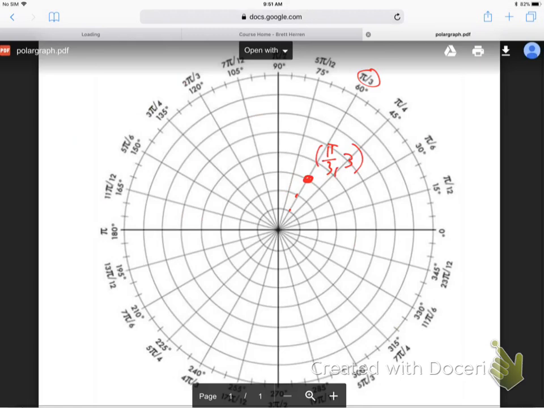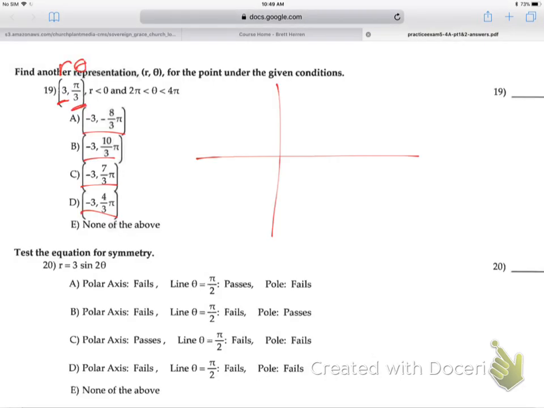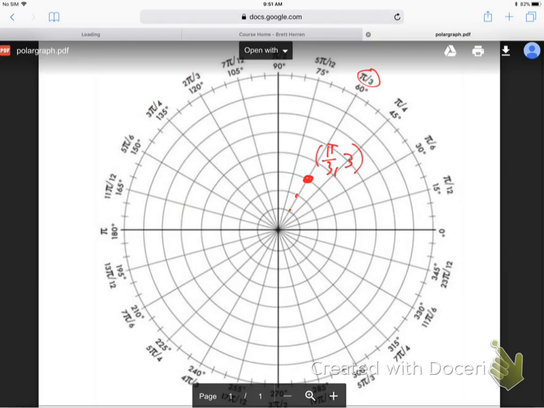4 pi over 3. Oh, it's not the one, it's B? It's D, 4 pi over 3, I'm just going to try them out. Oh, this thing's off the screen a little bit, isn't it? 4 pi over 3, it is.